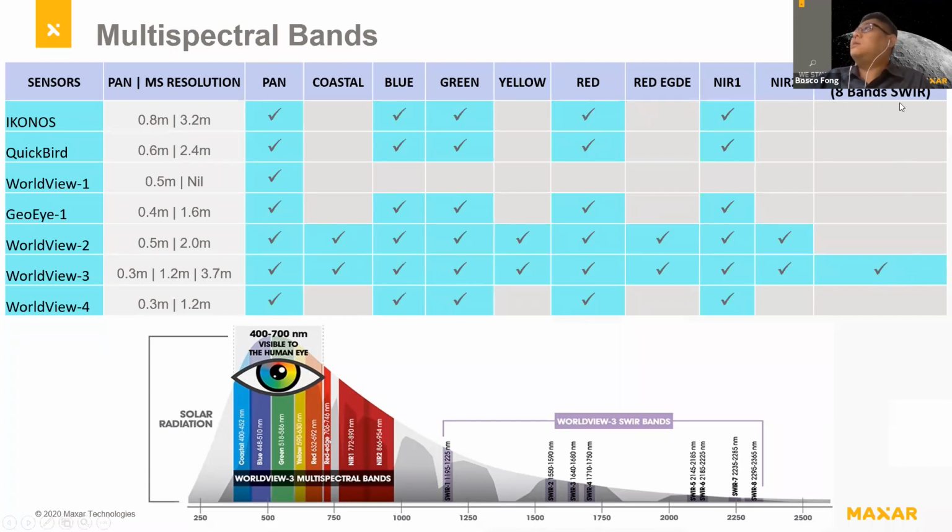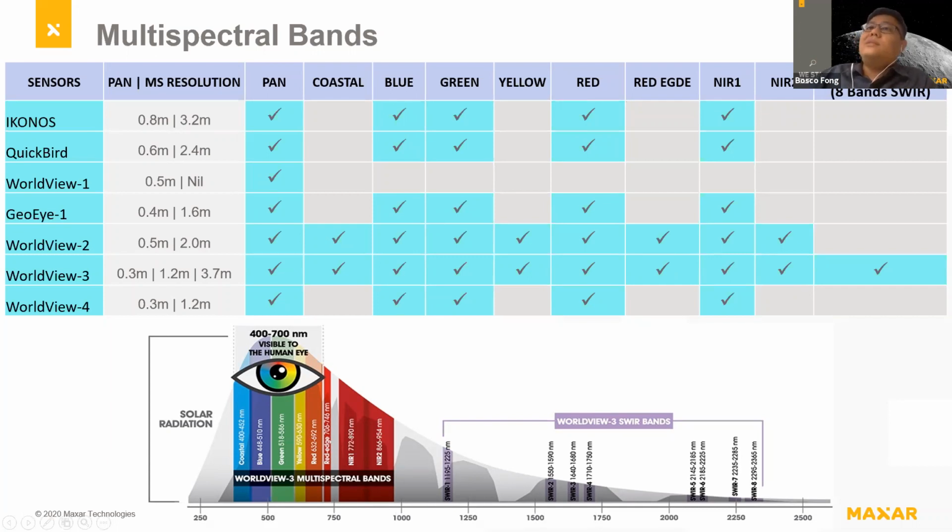Under this shortwave infrared, we have another 8 bands. So in total for WV3, we are able to deliver 16 bands. More bands means more information, because you have more multispectral bands. When you process, you can use all this information together for your analysis purposes.